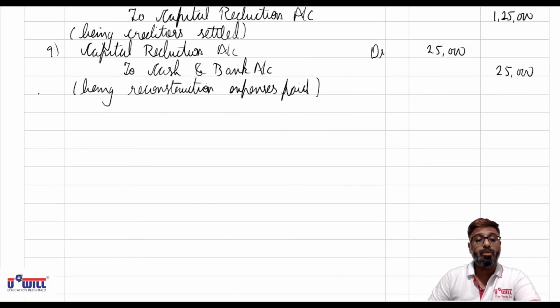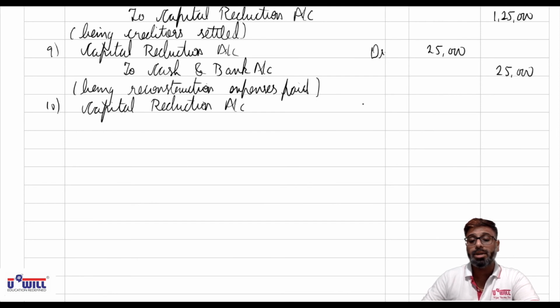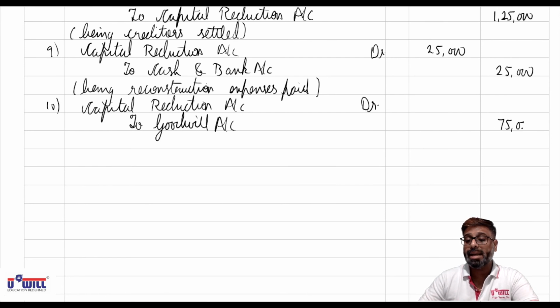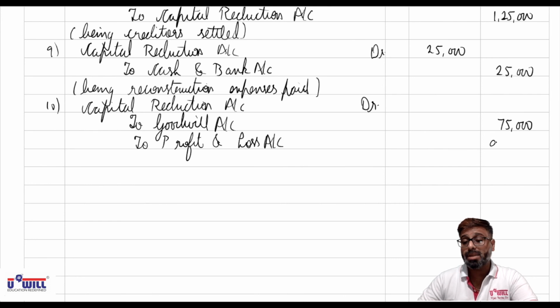So a combined entry now we can pass including the writing off of capital reduction account debit. Okay, for writing off, capital reduction account debit to goodwill account 75,000, to profit and loss account 9,50,000, and the surplus transfer to capital reserve. So to capital reserve account 1,45,000.